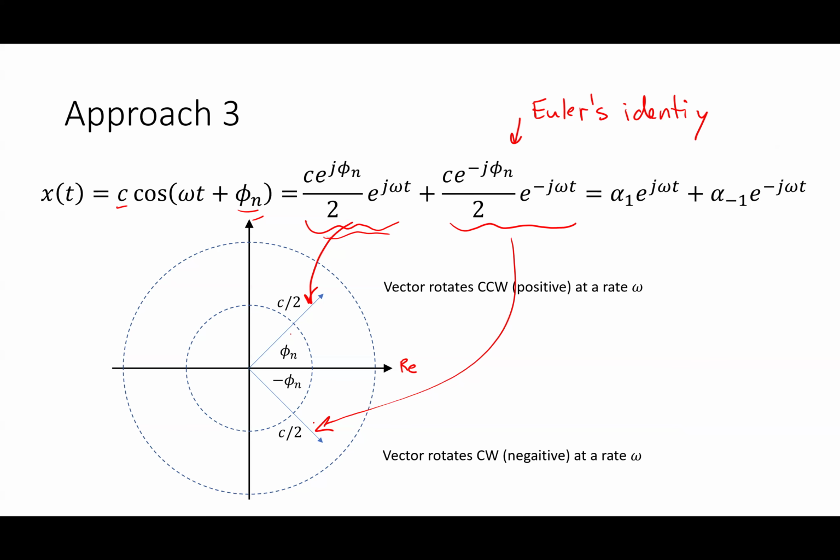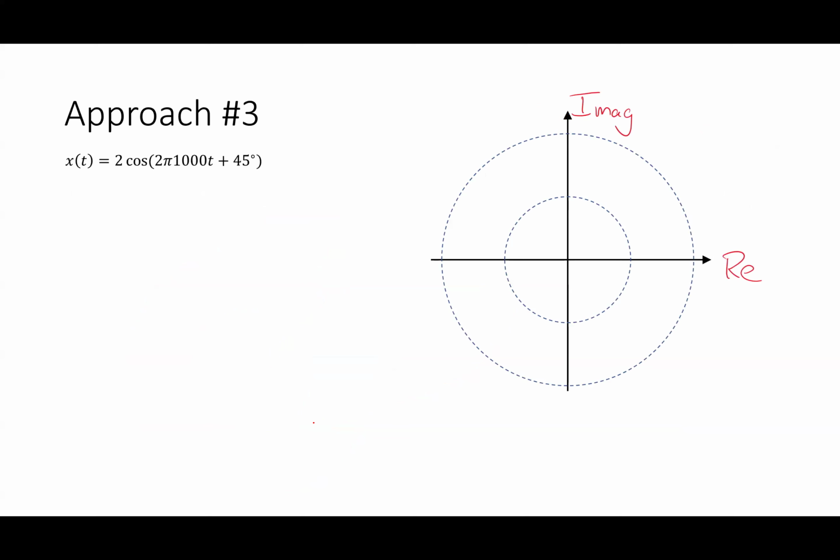All right. So we used that approach before. And let's say I've got this one here. Again, same waveform, 2 cosine 2 pi 1000 t plus 45 degrees.